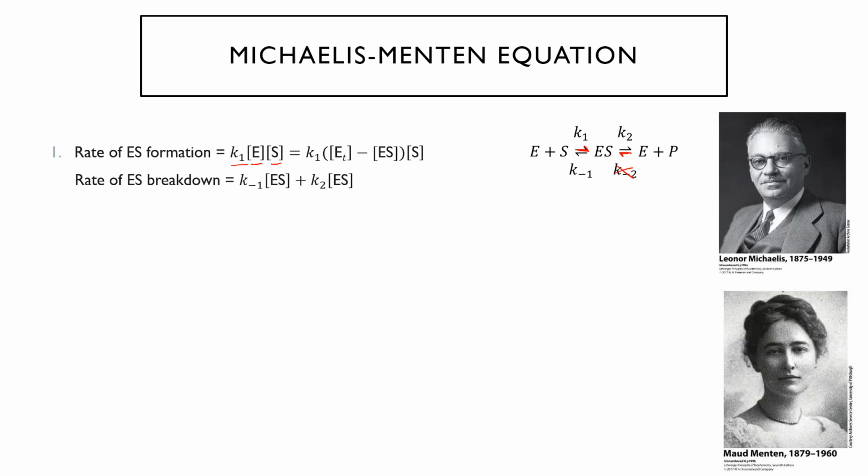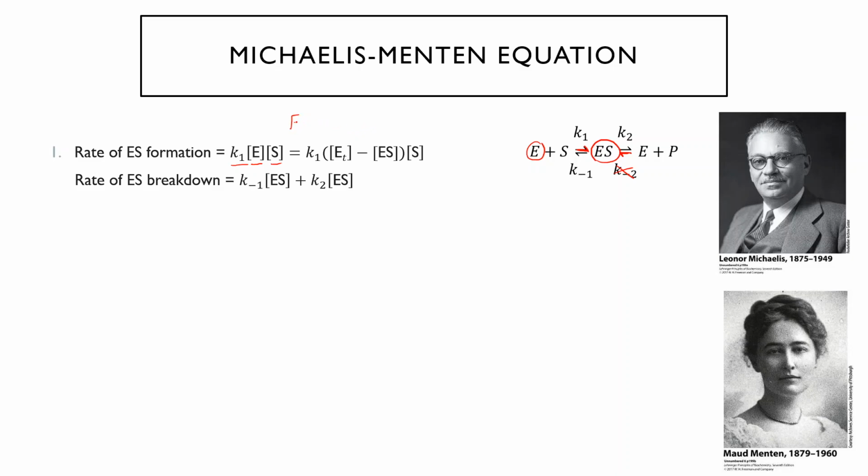But we want to get this in terms of the enzyme substrate concentration, and we know that the enzyme is only in 2 forms. It's either free, in other words no substrate bound, or it's in the enzyme substrate complex. So the free enzyme concentration is just the difference between the total enzyme concentration and the enzyme substrate complex.